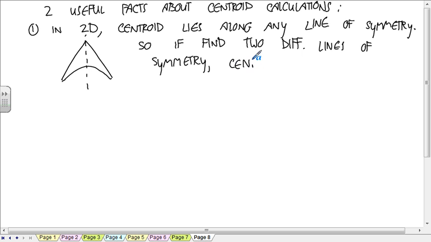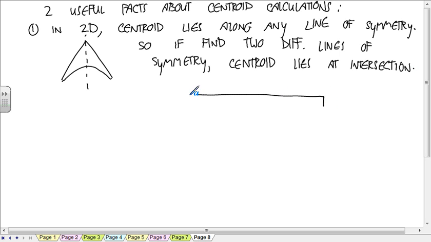So what about the one we've been doing kind of intuitively up until now, rectangular shaped beams? Well, this has two lines of symmetry, one that way, one that way. And so the centroid lies right in the middle, like we sort of intuitively know.